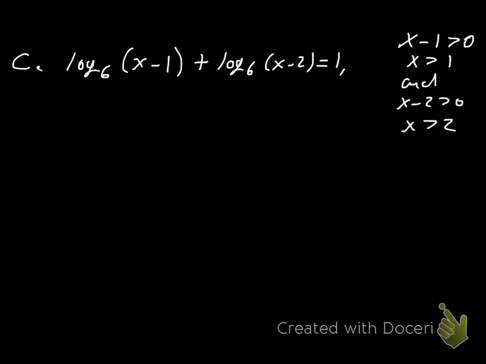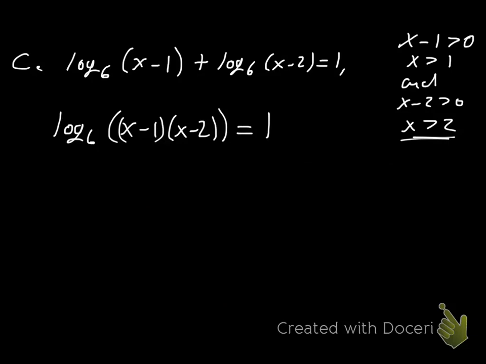All right, so we're going to condense the logs using the product rule. We get log base 6 of x minus 1 times x minus 2 equals 1. Okay, so we can't forget anything. Now we're going to FOIL this, and we'll have x squared minus 2x minus x. It'll be a minus 3x, and the minus 1 times minus 2 gives me a positive 2. It'll be log base 6 of x squared minus 3x plus 2, and that's going to equal 1.